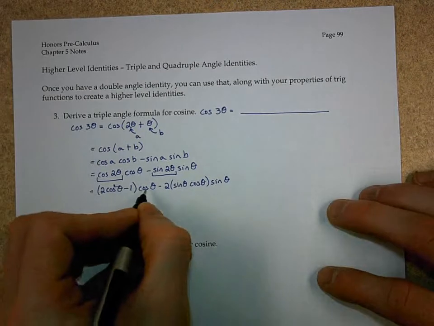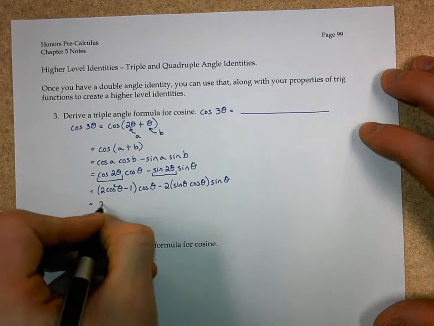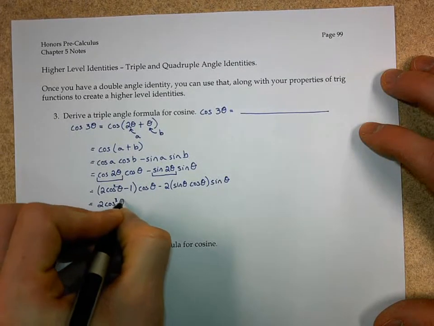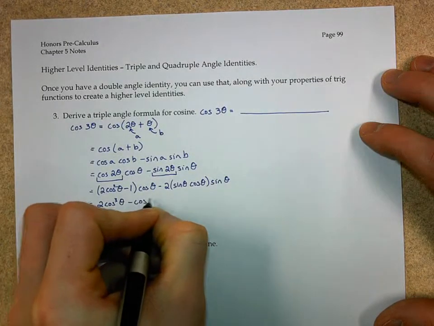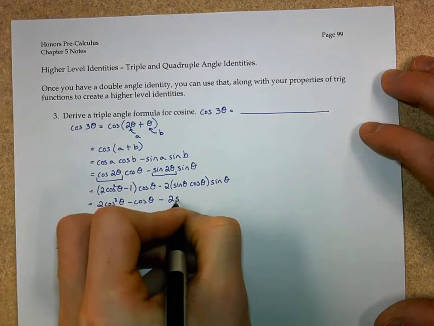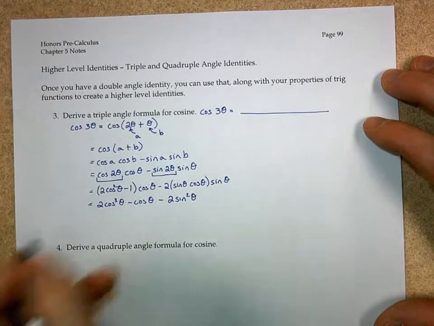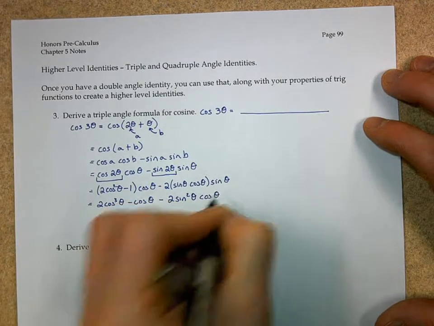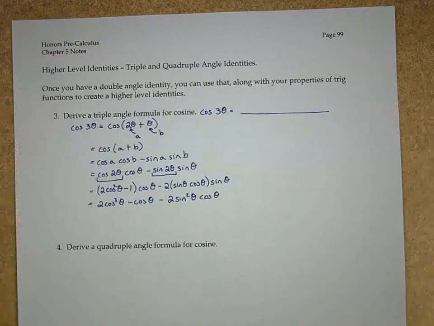So then here I can distribute my cosine in: 2 cosine cubed theta minus a cosine of theta. Back here I'll multiply the sines together. I'm not going to distribute it to each piece since there's no plus, we'll just multiply the sines: 2 sine squared theta, cosine theta.